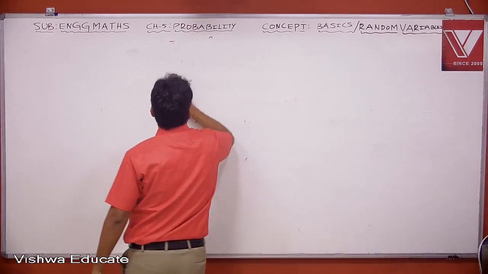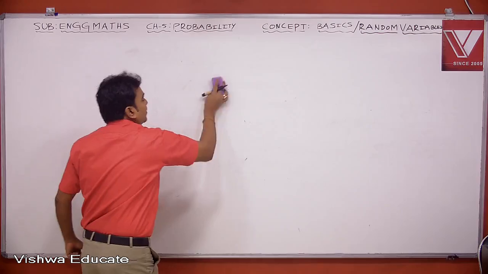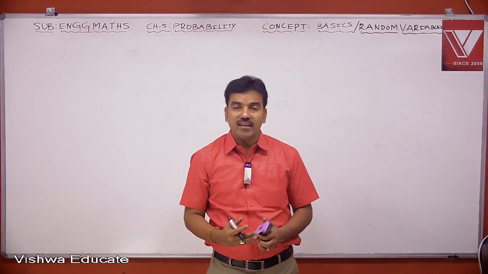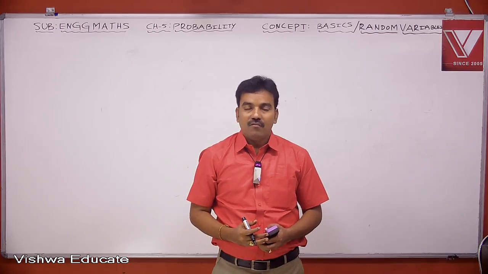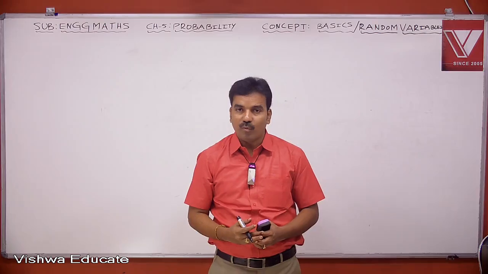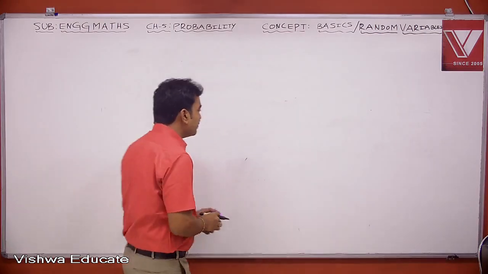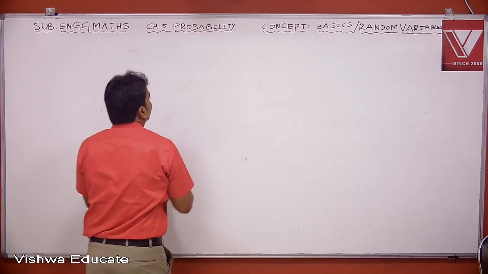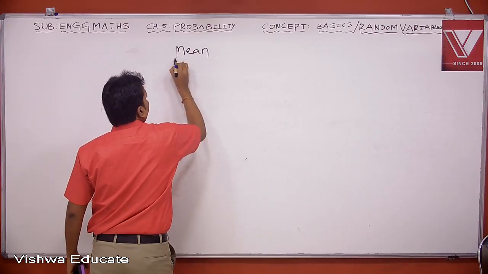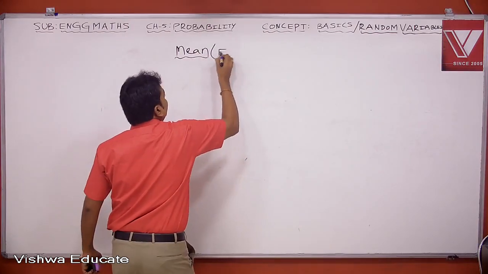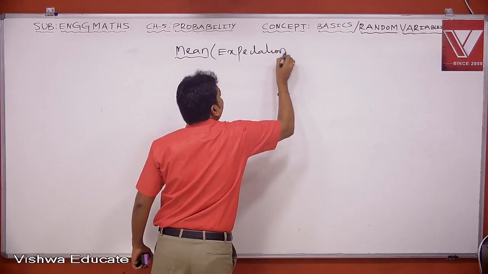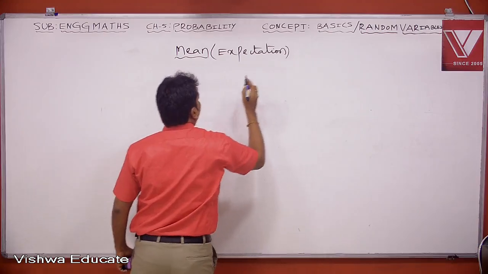Now we discuss three statistical parameters: mean, variance and standard deviation for discrete random variables, followed by continuous random variables, right? Here the first concept is mean, or this can also be called expectation.